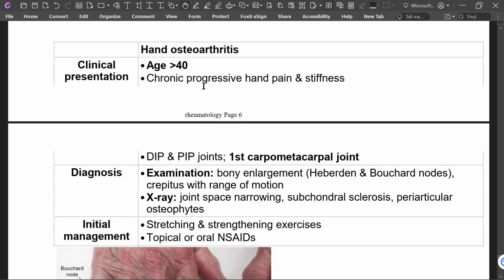Osteoarthritis is usually a disease of older age, more than 40, with chronic progressive hand pain or stiffness. There is DIP, PIP, and first CMC joint involvement.